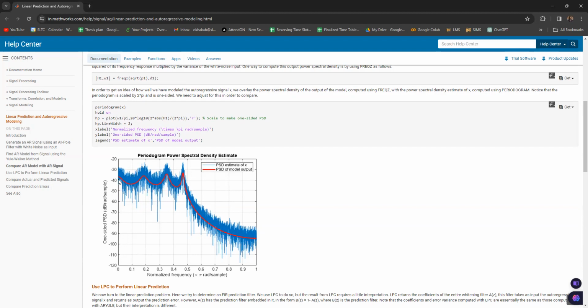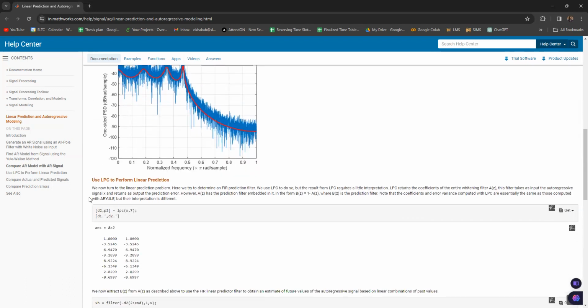What I mean by that is that whatever frequency components are there in the input signal to the filter can be estimated using this Yule Walker method, and we can precisely estimate the frequency content of the input signal. The frequency content that we estimate is given by this red signal, and the already existing one is given by this blue signal. So what we estimate is very near and very close to the original signal values.